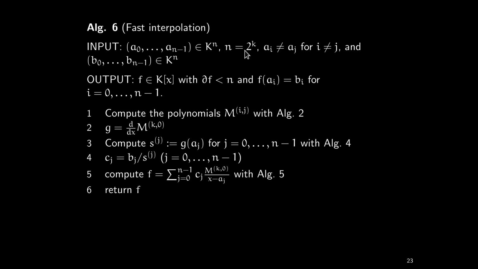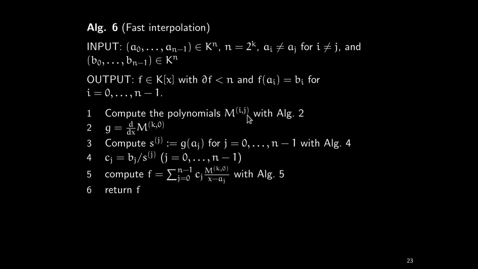For simplicity, it's not necessary to assume this, but it just gets a little bit more complicated if it's not a power of 2. The evaluation points are pairwise distinct, and the output is the unique polynomial of degree less than n, which at every a evaluates to the corresponding b.